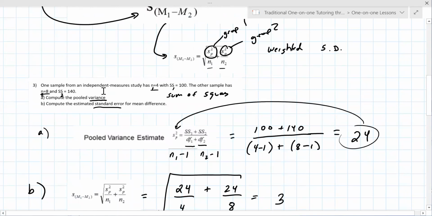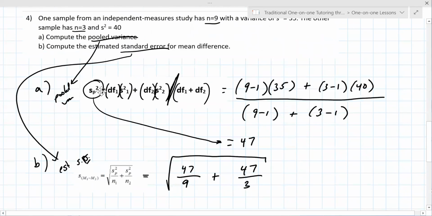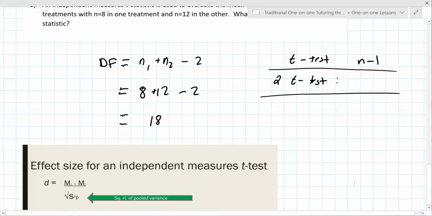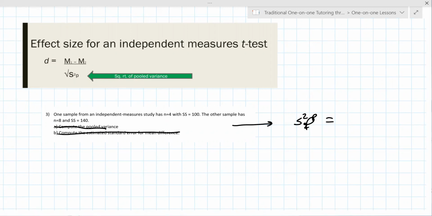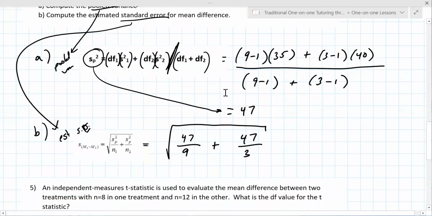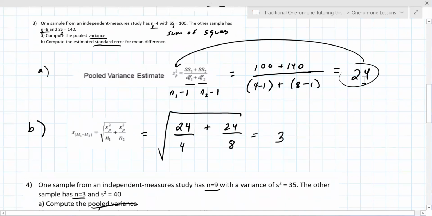So when you did this one earlier, you found out that S squared P was, let me go back and grab it, because you did this calculation, it was 24.